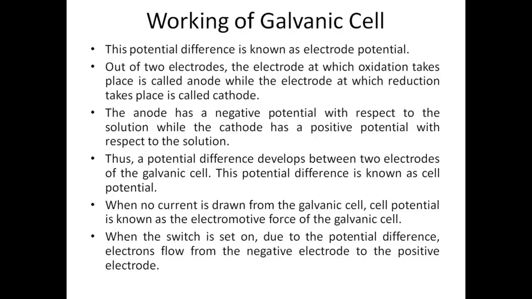Metal atoms from the electrode want to go into the electrolyte, and from the electrolyte, the ions want to turn into atoms and settle on the electrode. So these two opposing reactions give rise to positive as well as negative charge, and whichever is stronger gives a net potential to that particular electrode.